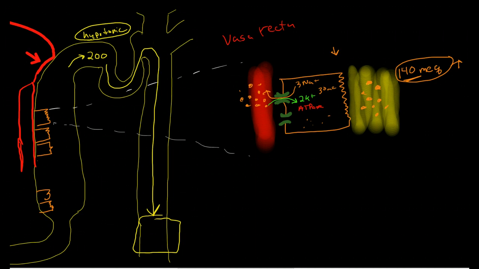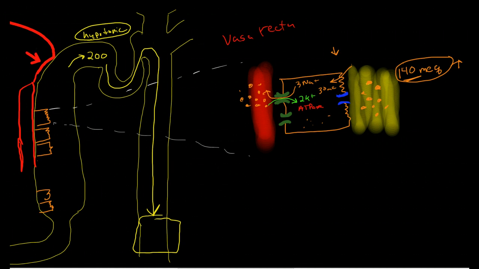And this is being maintained by this sodium potassium pump. So we have a very high concentration gradient that has a potential energy that is tending to push this sodium into the cell. So the body makes use of that potential energy by the use of cotransporters. The cotransporter that is really important here is called the sodium potassium chloride cotransporter.